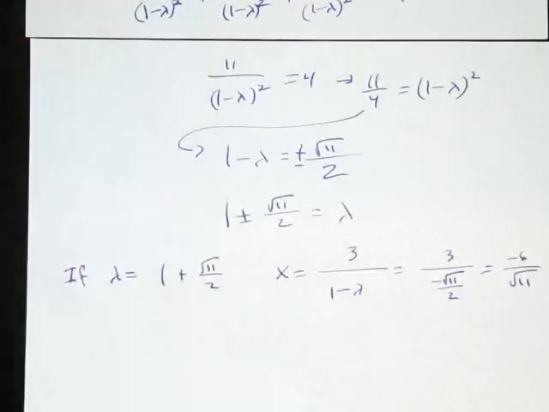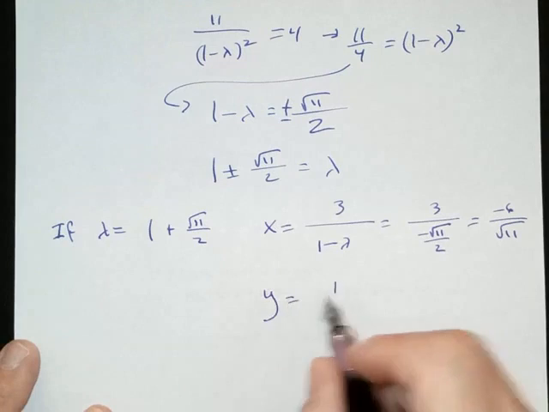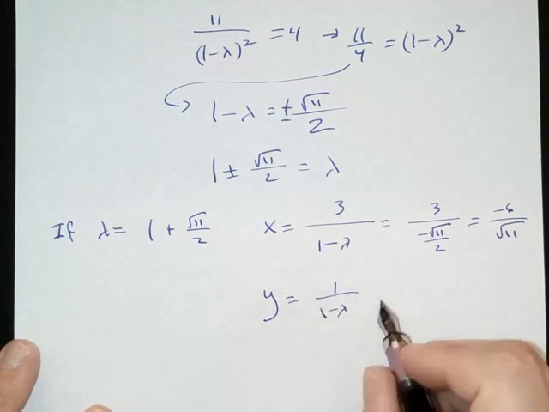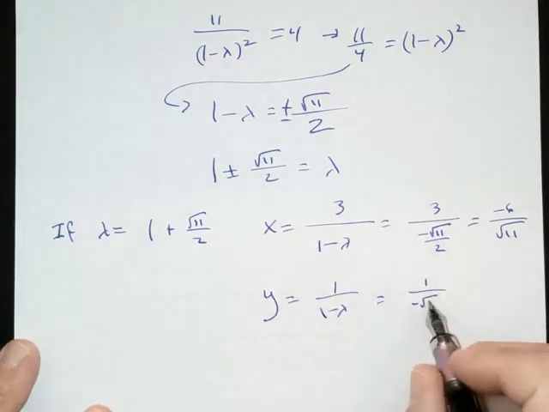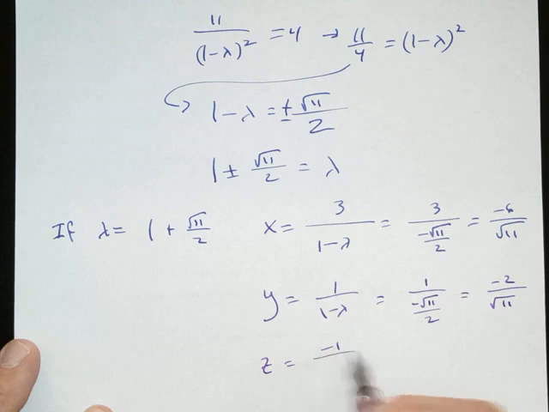Which I'm going to leave just like that. I'm not going to bother to simplify it at all. I don't care what the decimal is. That really doesn't matter to me all that much. y is 1 over 1 minus lambda. And z is negative 1 over 1 minus lambda.